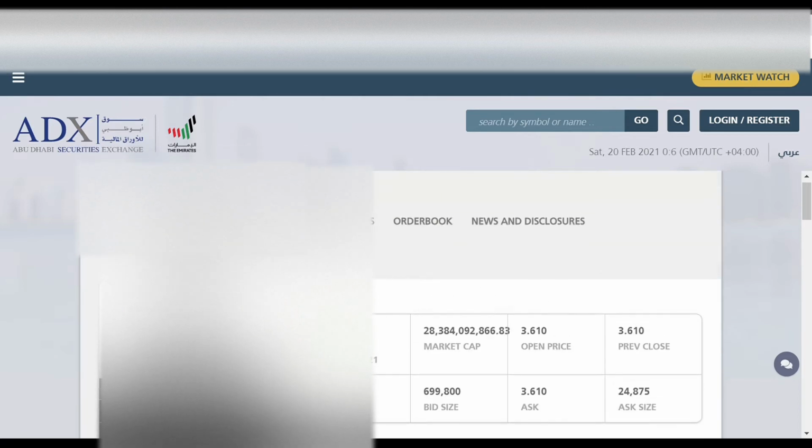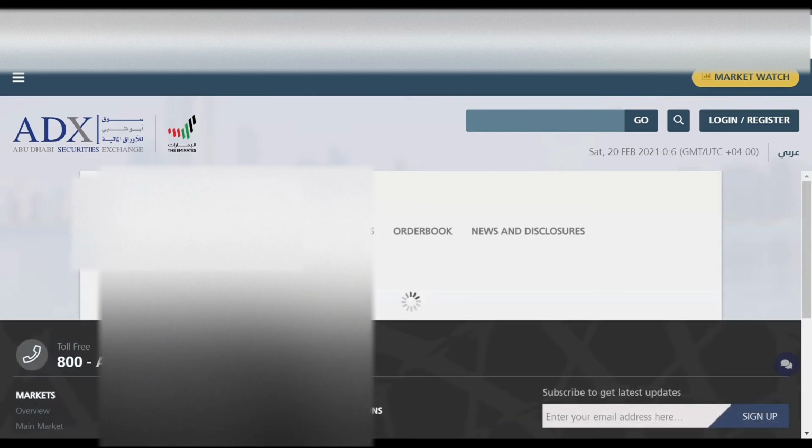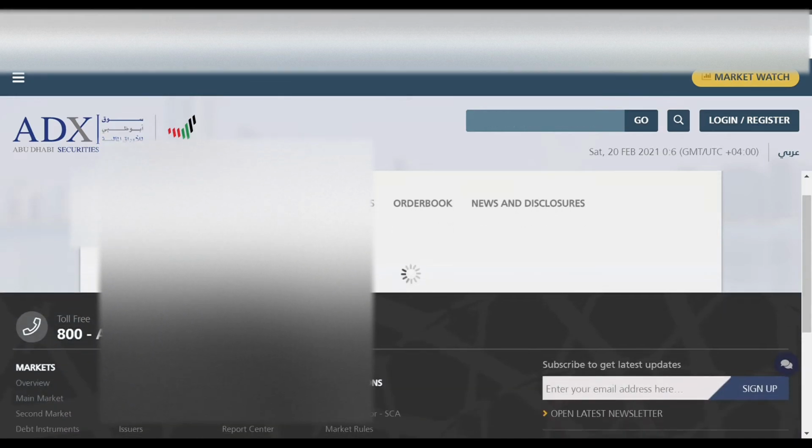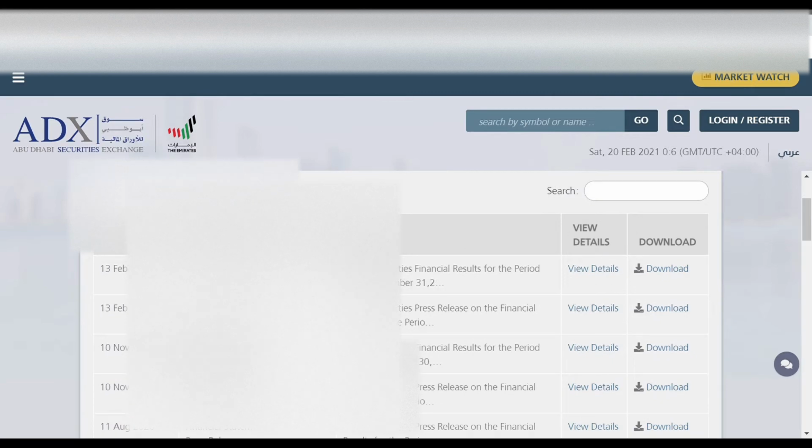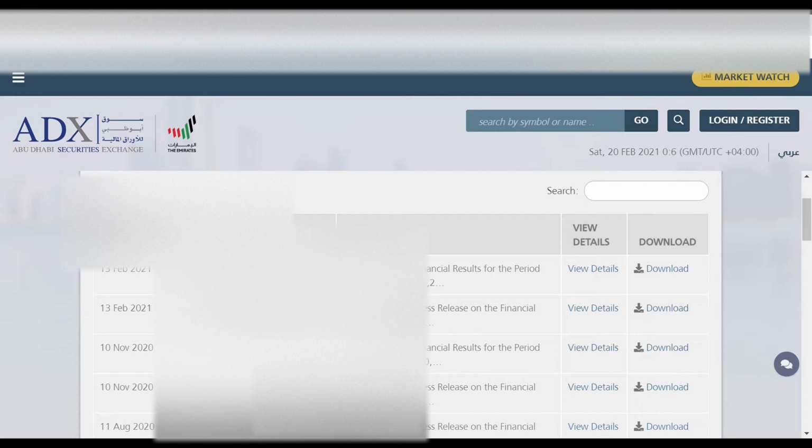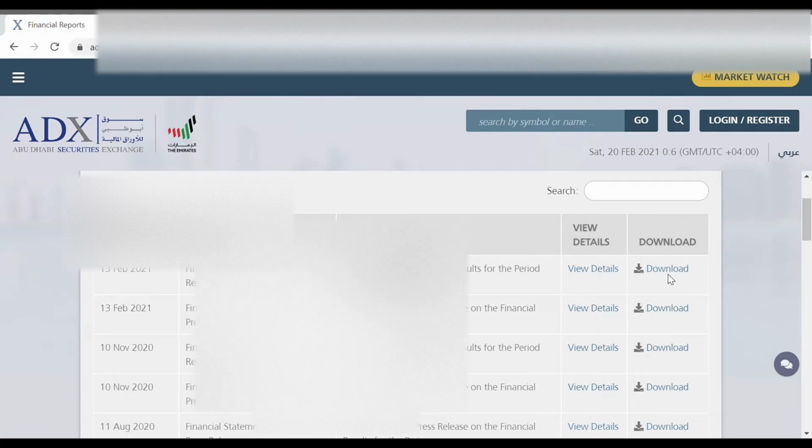What we are basically going to look into are the financial reports of the company. Once the financial reports are opened, I prefer checking the year-end financial statements instead of the quarterly reports, because quarterly reports are not usually detailed. I'll just download this one.